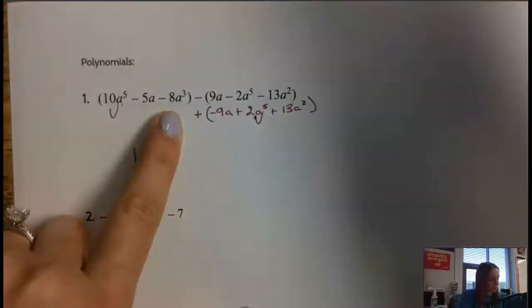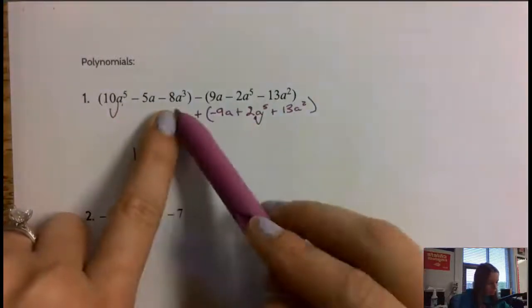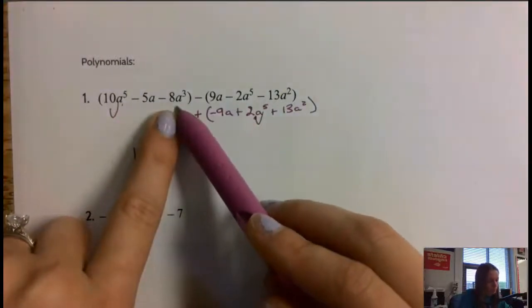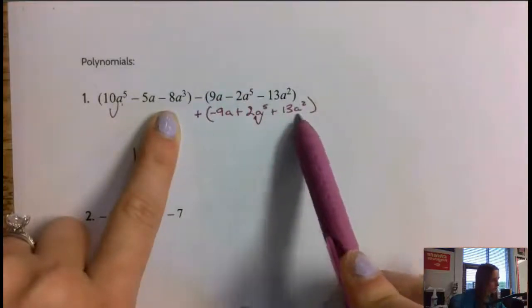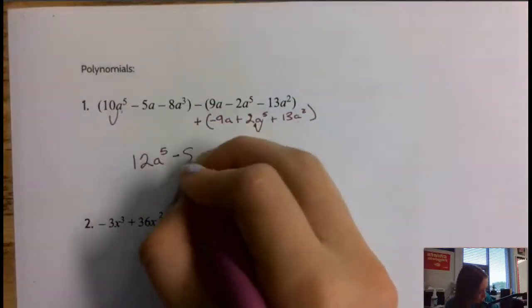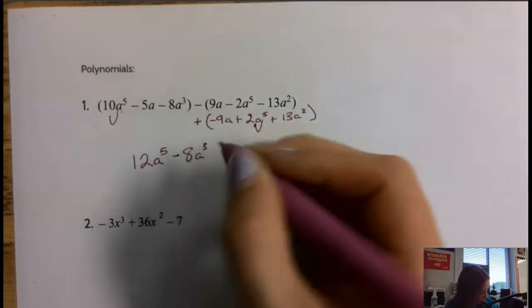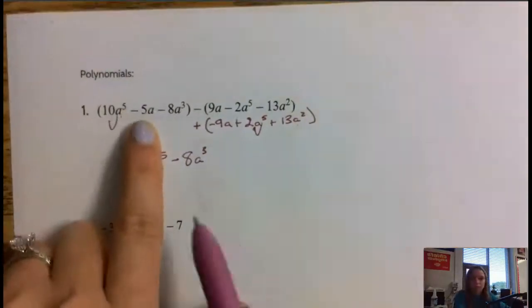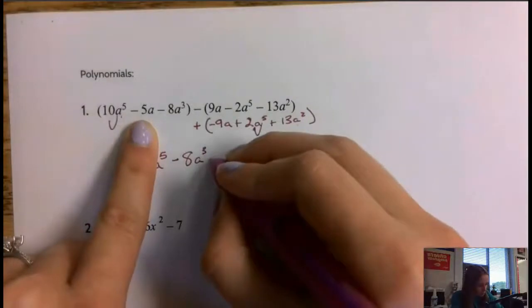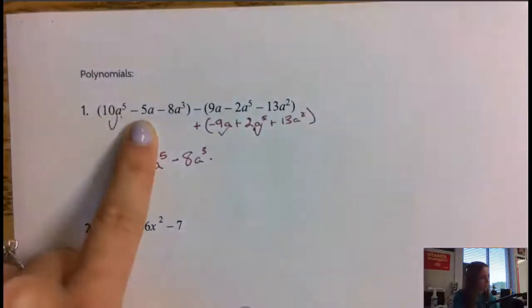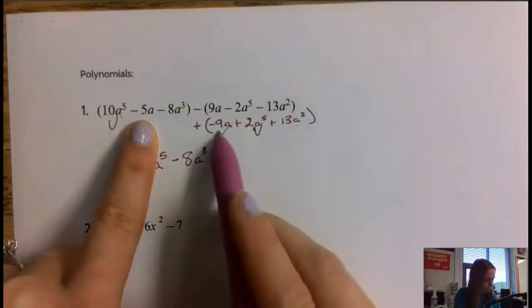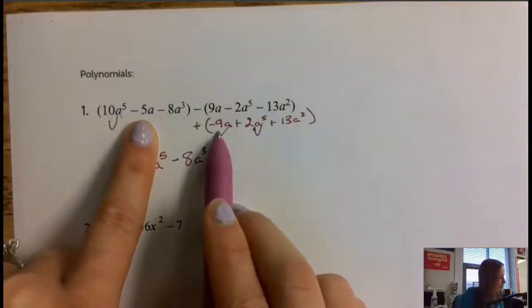Now I'm going to go in order of exponents. So right here, -8a to the 3rd. Do I have a like value over here? No. So this is just going to stay -8a to the 3rd. Next, I guess, would be this one. And over here we have a like term of -9a.